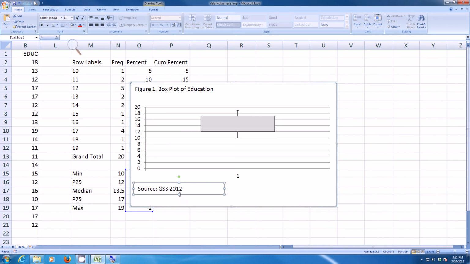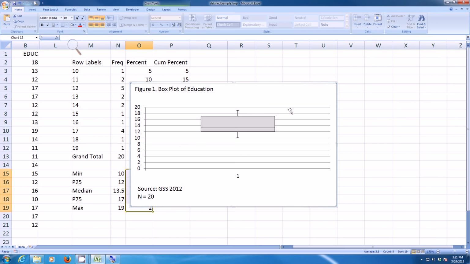Just move this up a little bit. And unfortunately, our source information doesn't seem to be cooperating so well. There we go. Make it a little bit bigger. There it is. Okay, and so we have a pretty good-looking box plot.